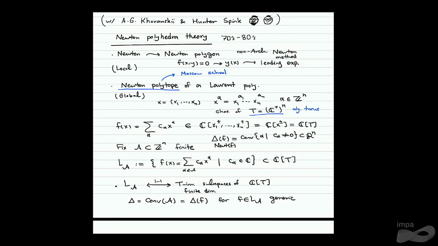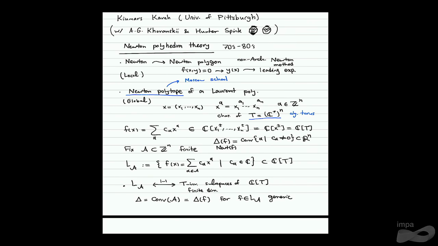And then if you fix a set of monomials, denoted by A or fancy A, a set of monomials or exponents, we can define a subset L sub A of Laurent polynomials which have these given monomials, and then the coefficients are arbitrary. It's of course a finite dimensional subspace of Laurent polynomials.